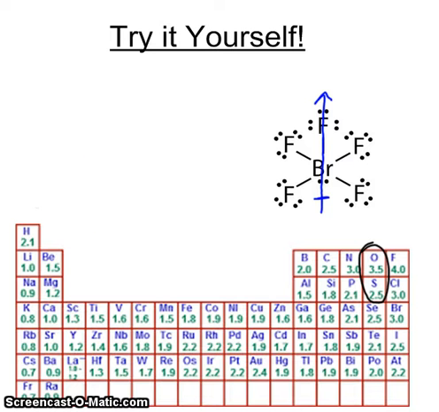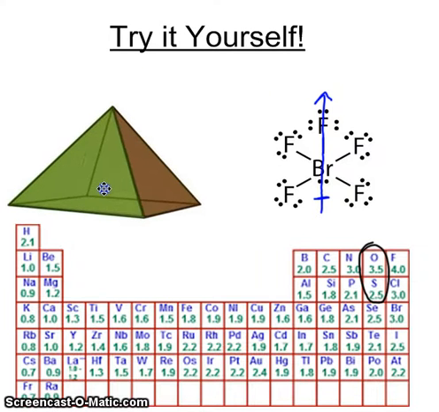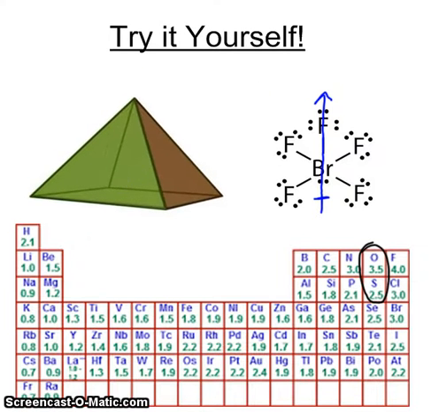So I'm going to pull down this guy. This is a square pyramid. This is exactly what bromine pentafluoride looks like. Each one of these points is a fluorine, and then there's one up here. And the bromine is on the bottom here. Now there's a couple of electrons down here, so that's what makes it asymmetric and polar.